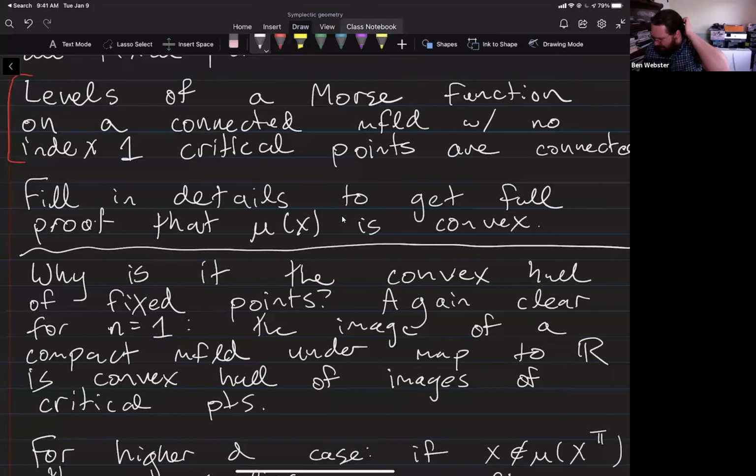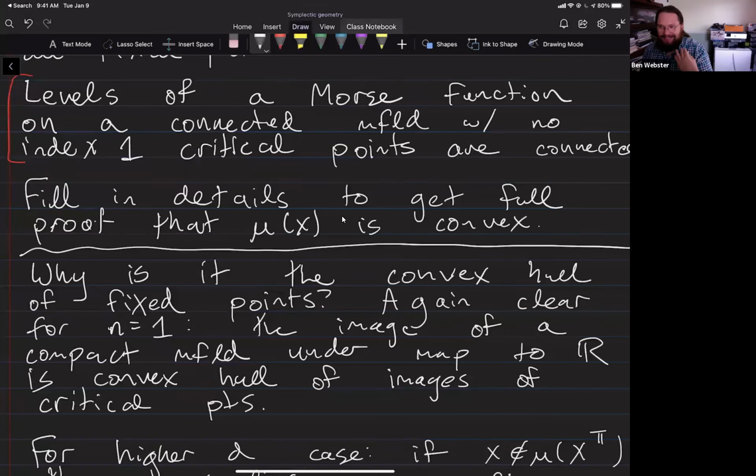Again, I don't think I'm going to prove this in detail, but the basic idea, for n equals 1, is an easy fact. The image of a compact manifold under a map to R is the convex hull of the image of the critical points. This is sort of a dumb statement, but it's a convex set, and the extremal points are critical points of the function.